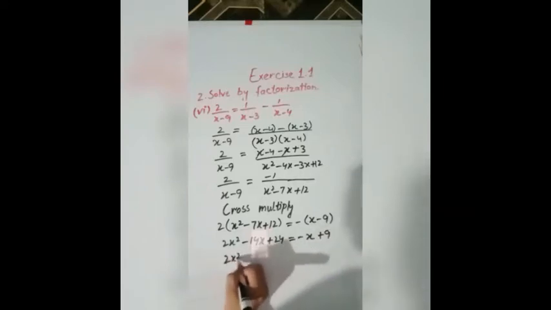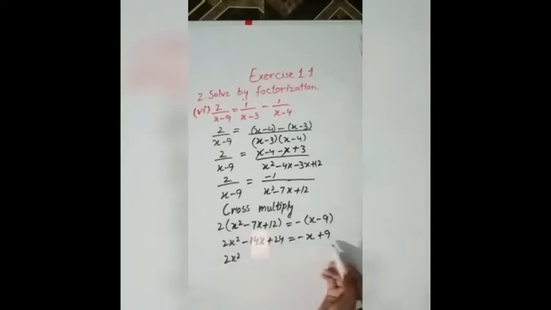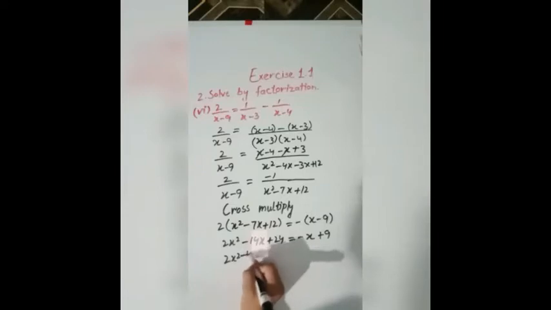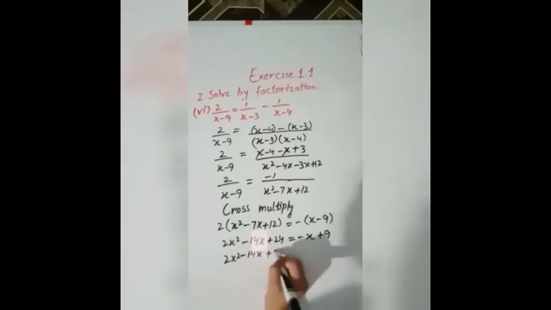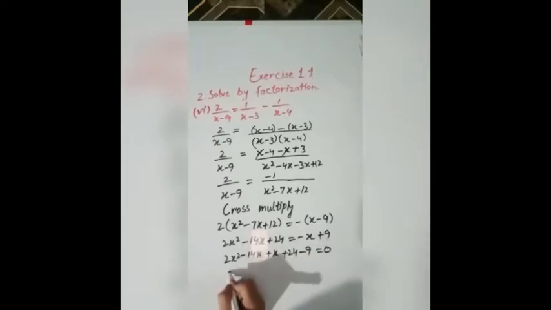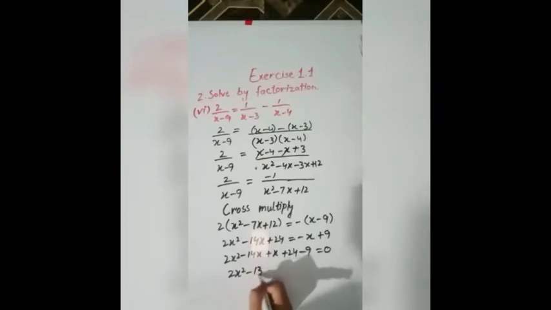Now we shift these two to this side. Minus 14x plus x plus 24 minus 9 is equal to 0. So we get 2x square minus 13x plus 15 is equal to 0.